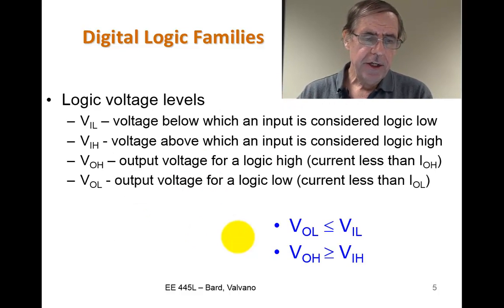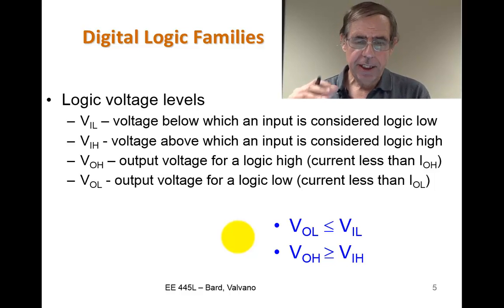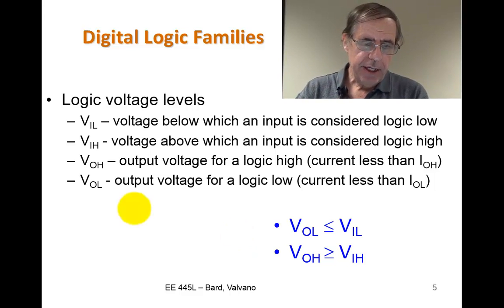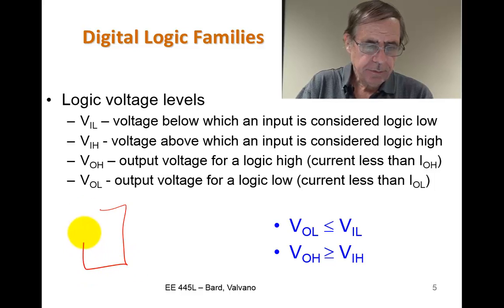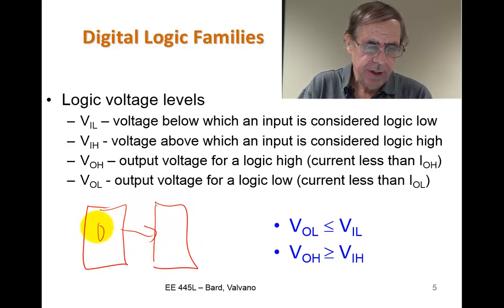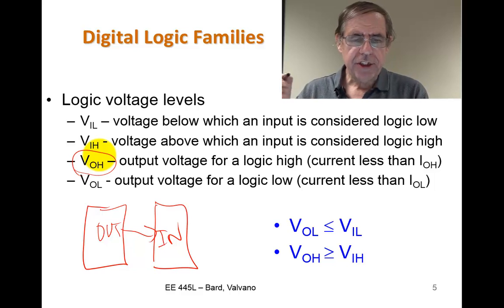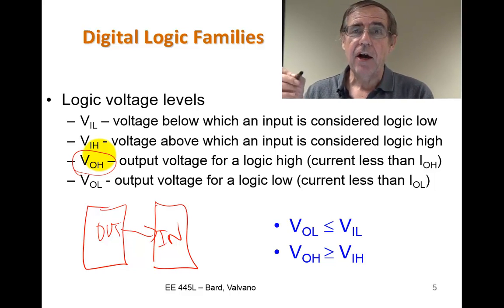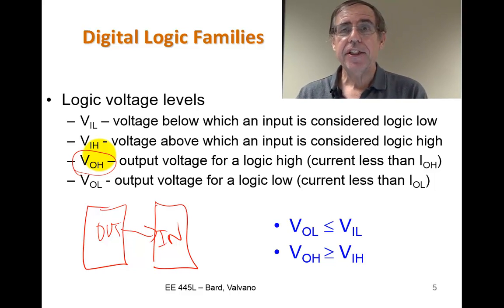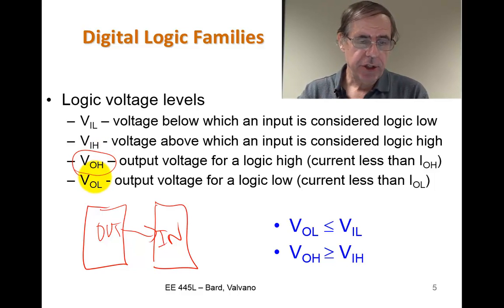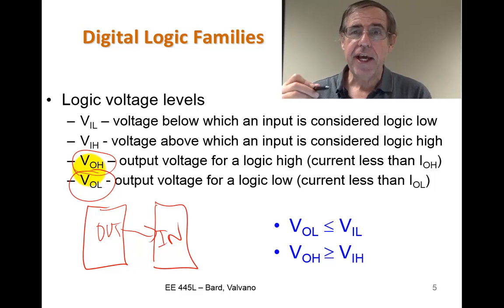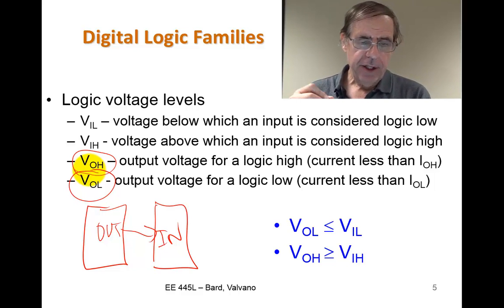All right, in order to see if it's going to work, let's first look at voltage. If you look at the output of one device connected to the input of another device, we can define the smallest voltage that the output will be if it is high. That's VOH. And what's the largest voltage the output could be if the output is low?